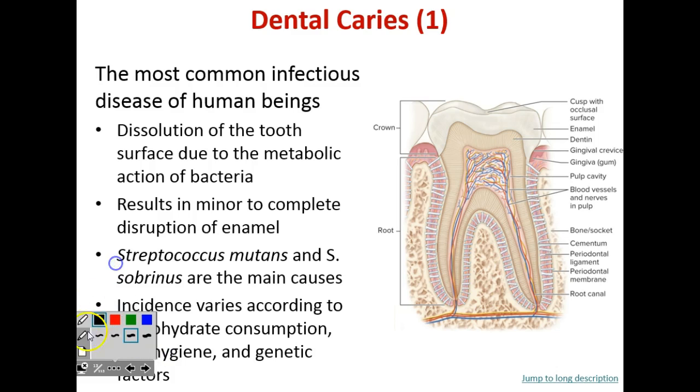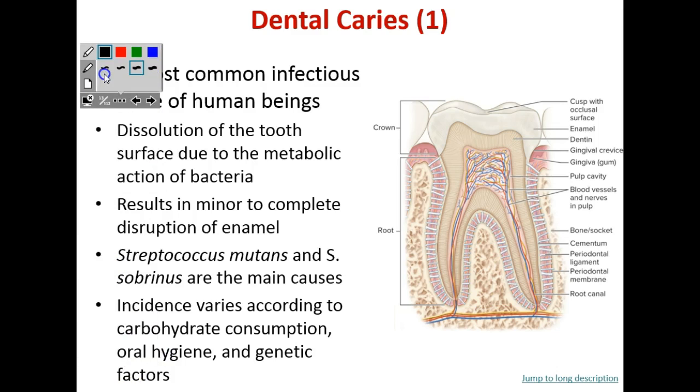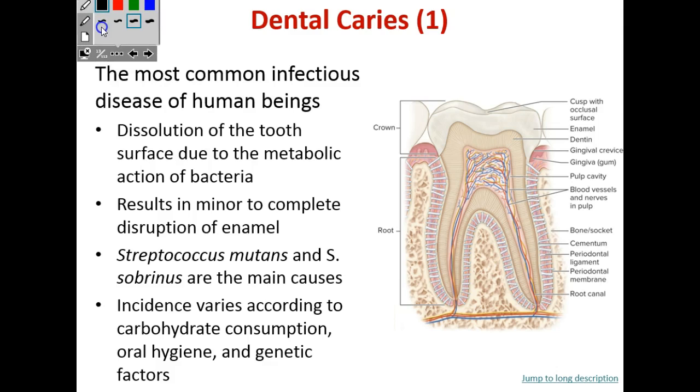Incidence varies according to carbohydrate consumption, oral hygiene, and genetic factors. So the incidence of dental caries. Here is the cusp, the surface of your tooth. Then beneath that we have what?